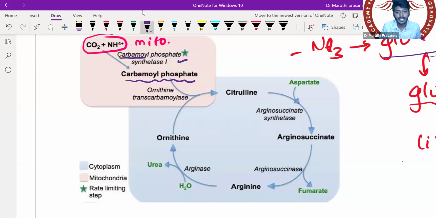Now this carbamoyl phosphate combines with ornithine with the help of an enzyme called ornithine transcarbamylase, and now it will form citrulline.